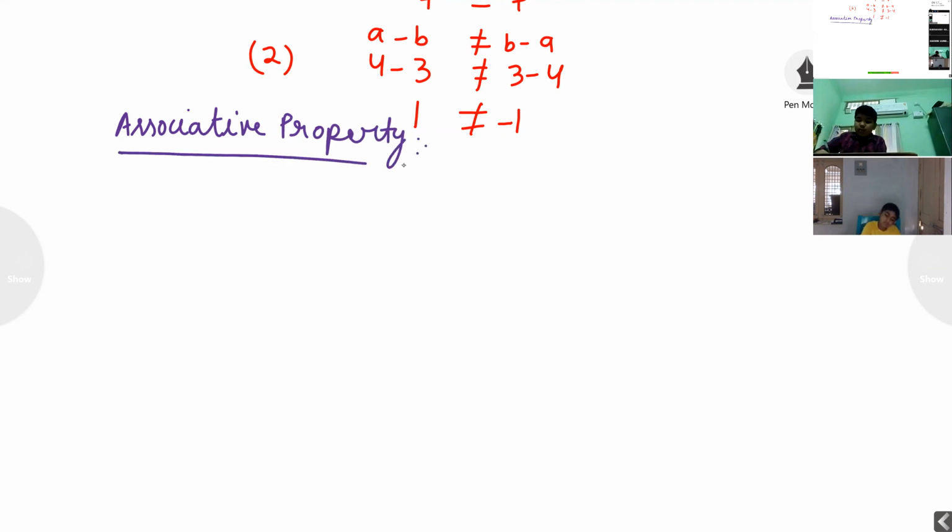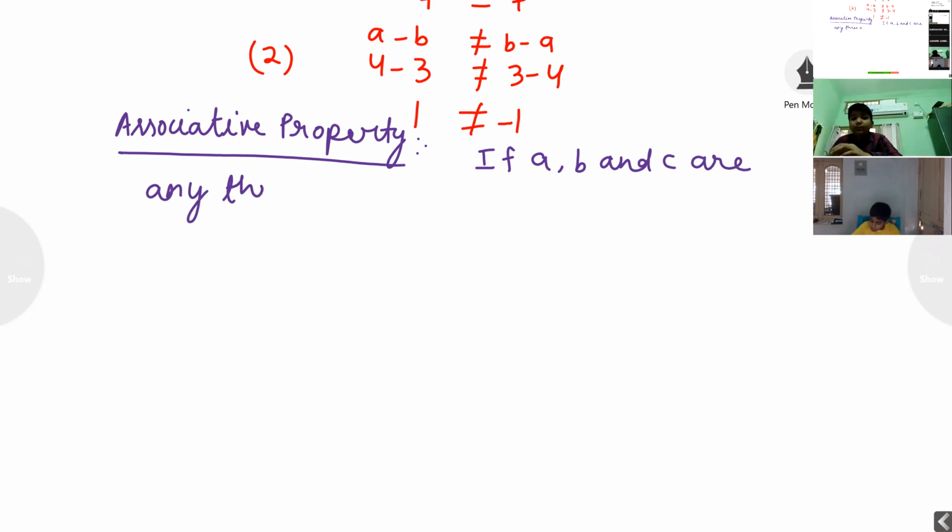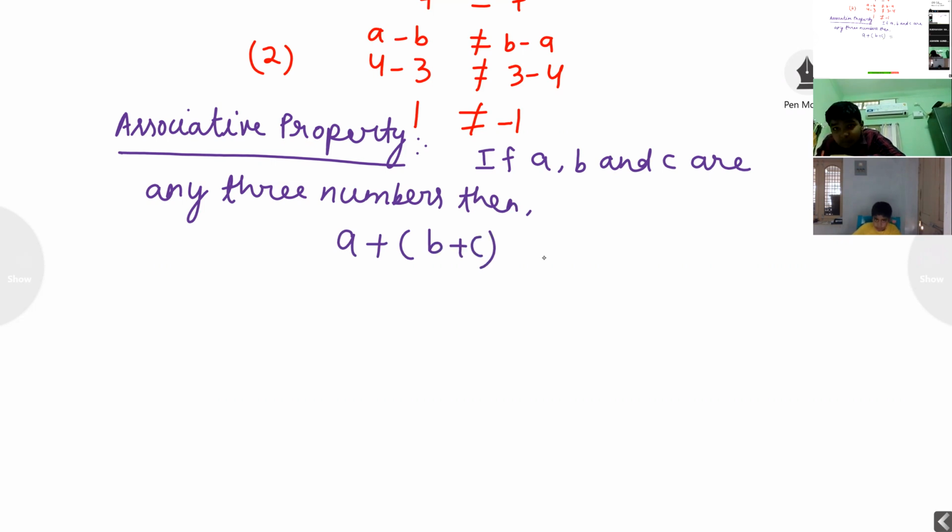If A, B, and C are any three numbers, then A plus B plus C is equal to A plus B, which I have taken in one group, plus C.